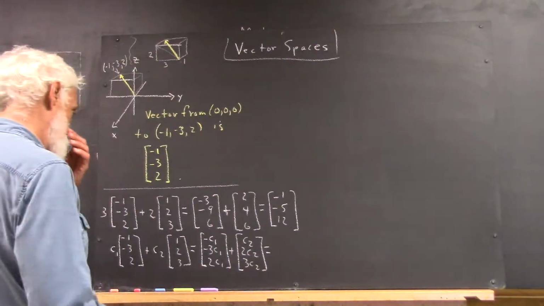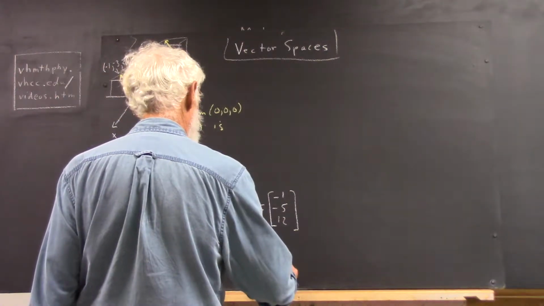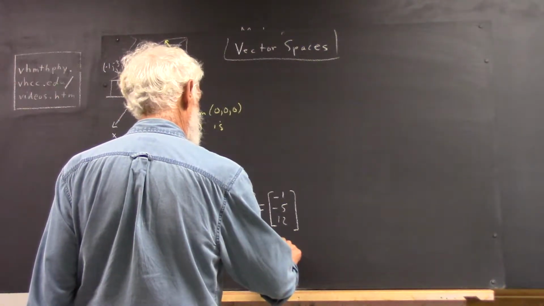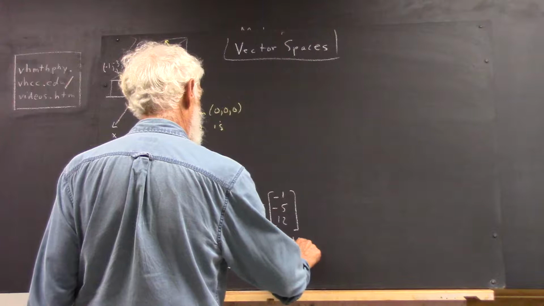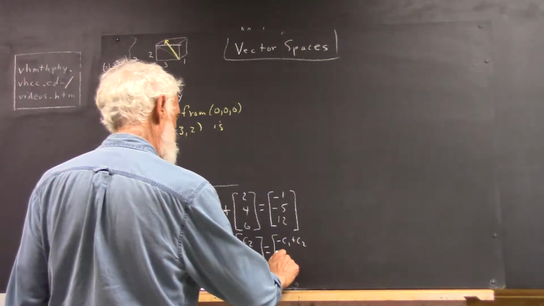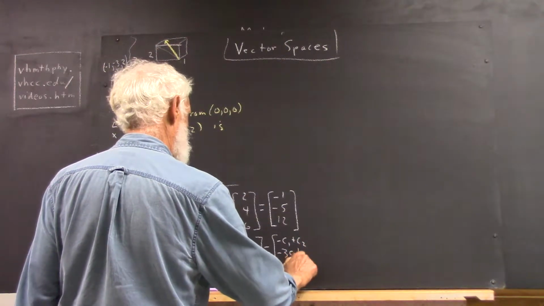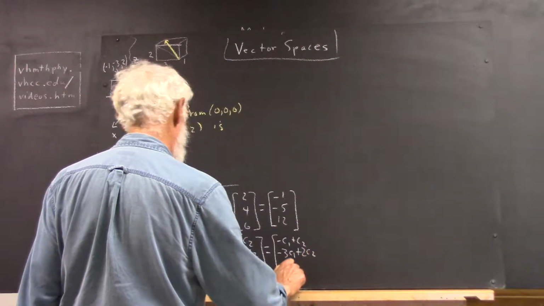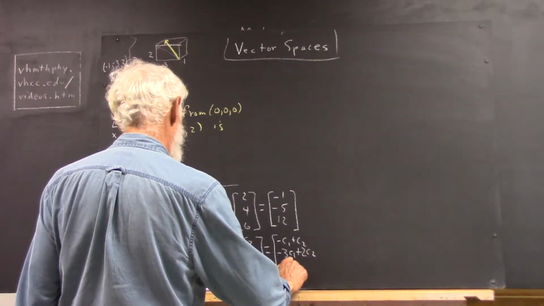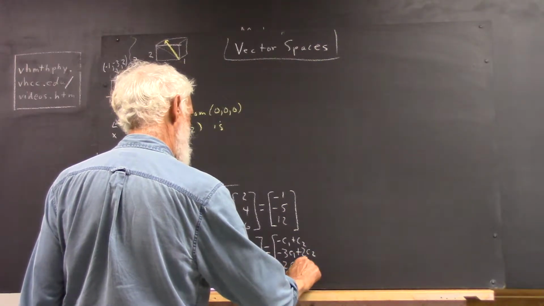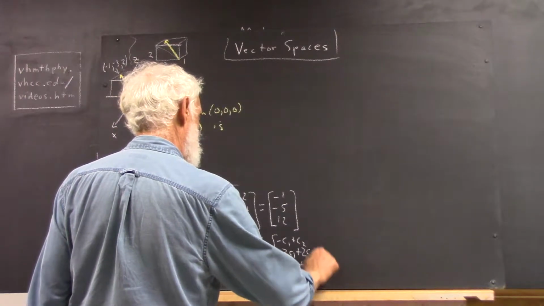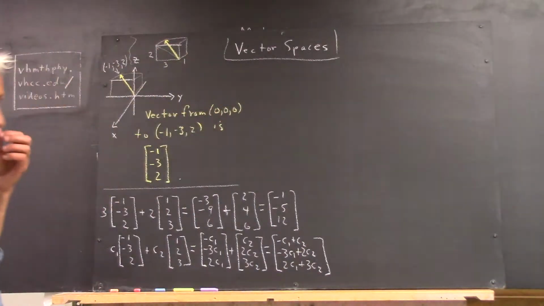And we get negative C1 plus C2, negative 3C1 plus 2C2, and 2C1 plus 3C2.